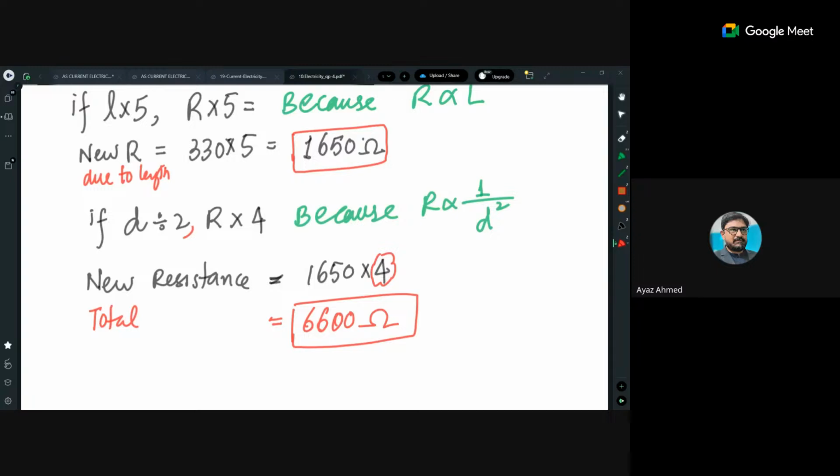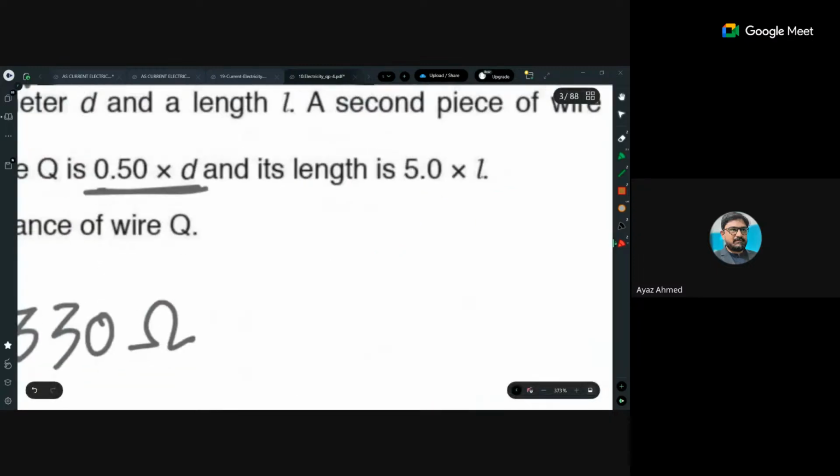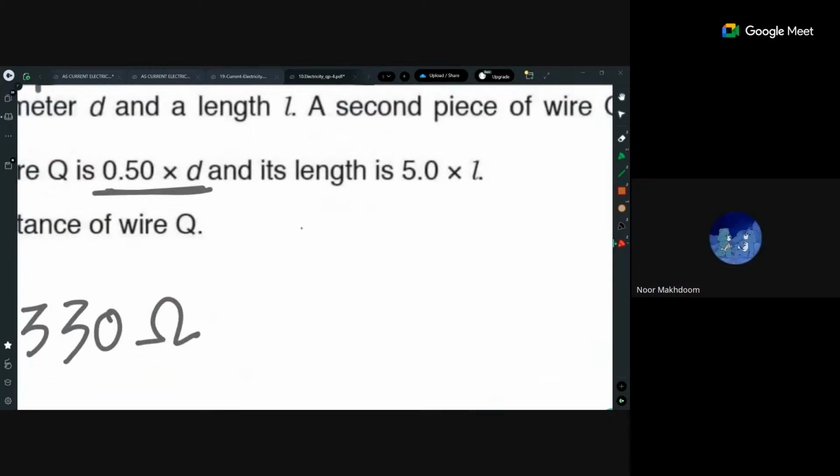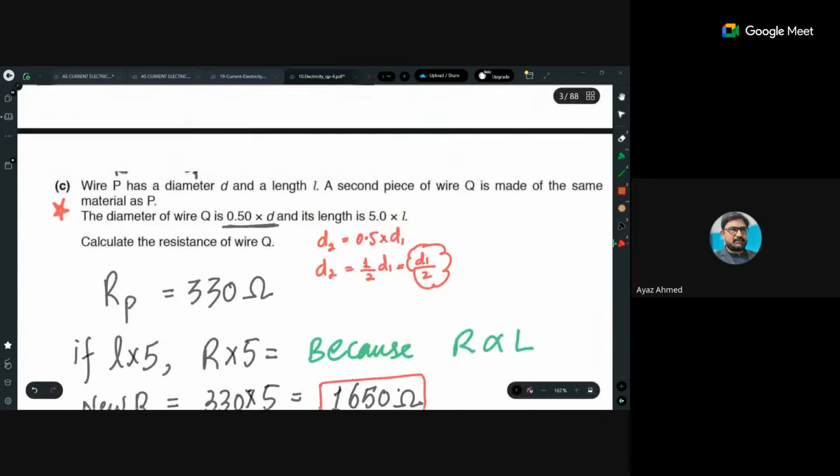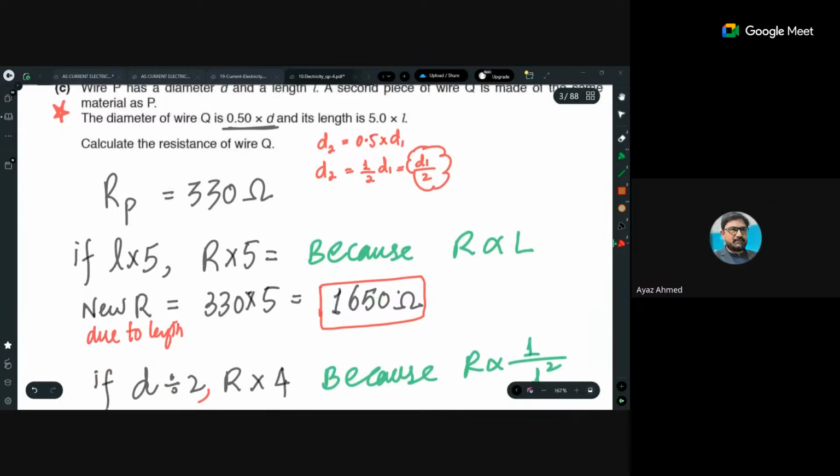So you can write it in this way. Or in other words, you can write it this way: the diameter becomes half. Is it clear?